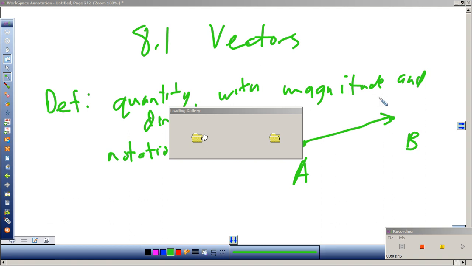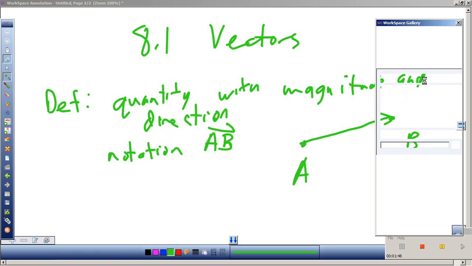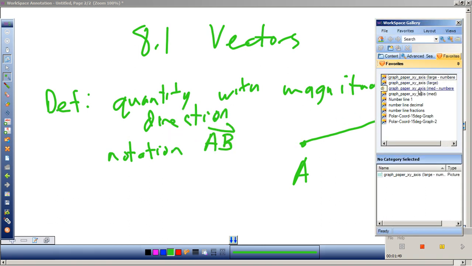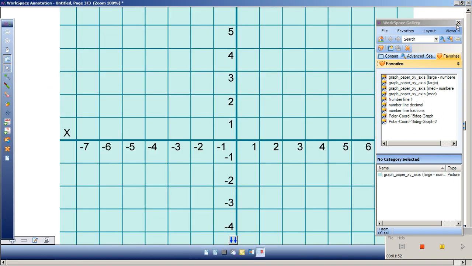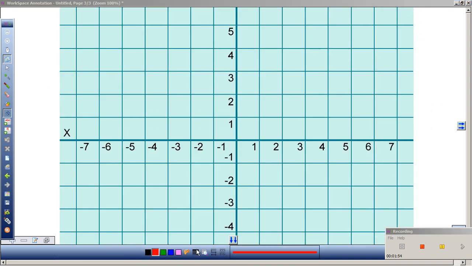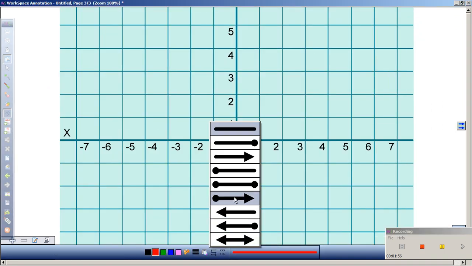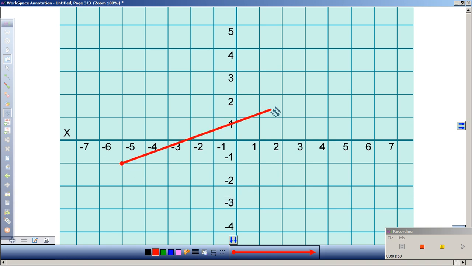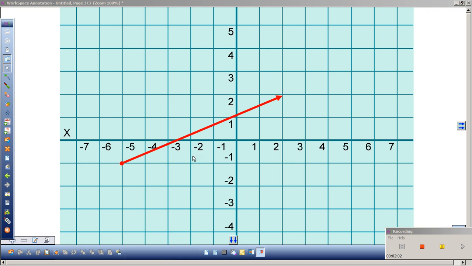So let's pull up a graph. Here we have this vector, goes from here to there and stops. The arrow indicates the direction. So vectors have a set magnitude, a set length.